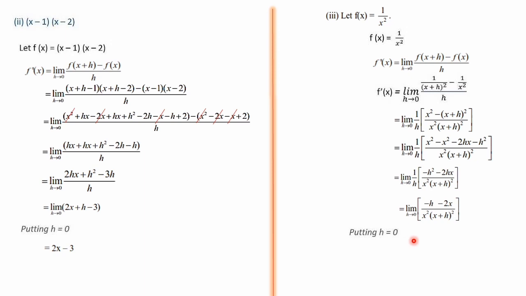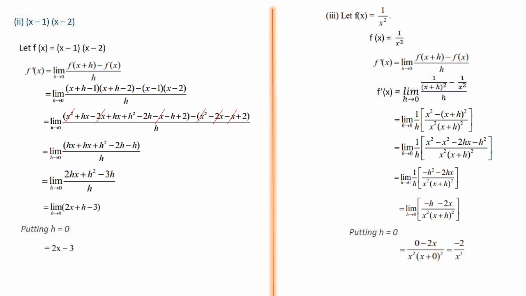Now you can put h as 0, that is here h is 0, so 0 minus 2x divided by x square into x plus 0 the whole square. So 0 minus 2x is minus 2x, then x square into x square. So x square into x square is x raised to 4. So minus 2x by x raised to 4 is there.